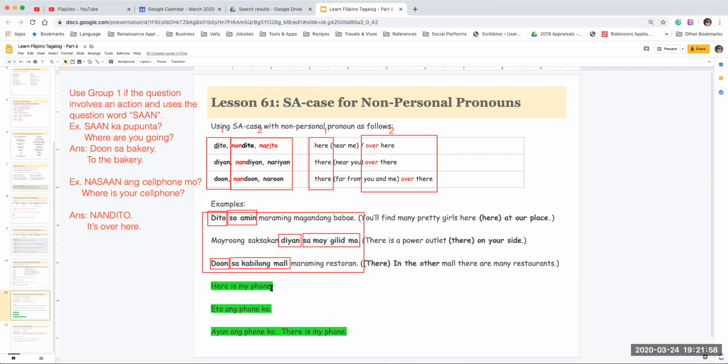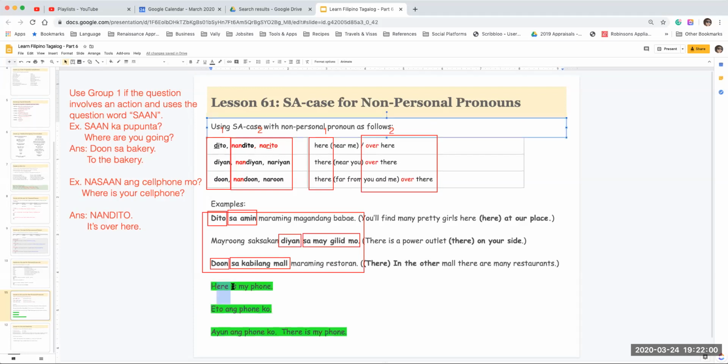Can you tell me, do you see the sentences that are highlighted in green? So here is my phone. If you notice, I said eto. This is another way how we say dito, diyan, doon. We can also say that like eto, heto.